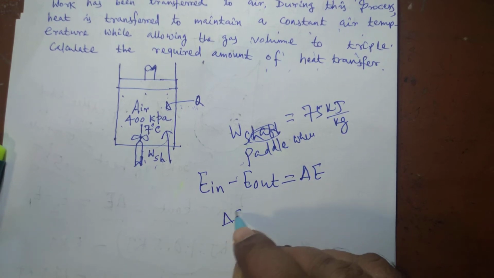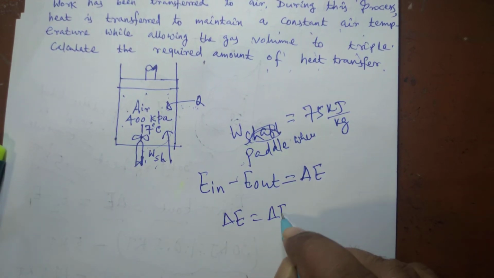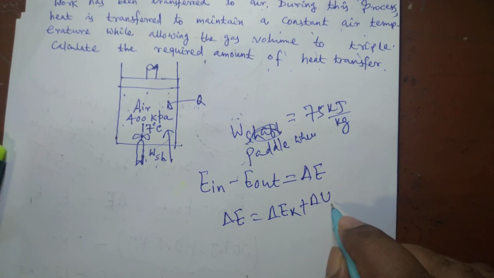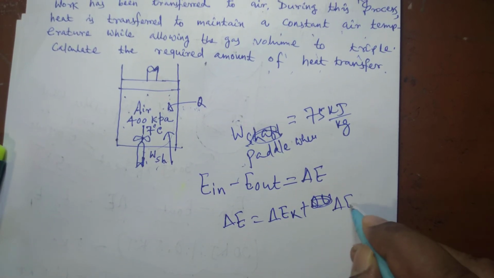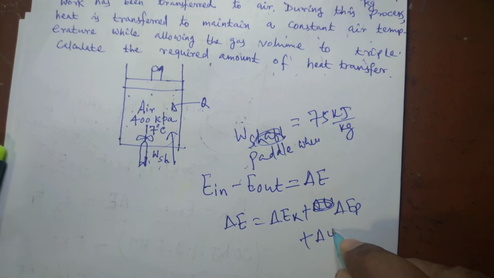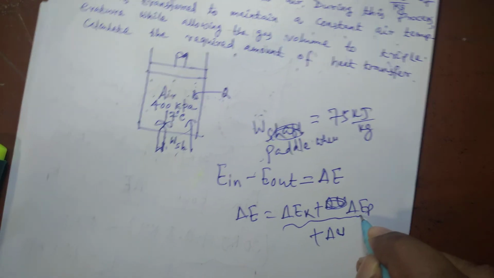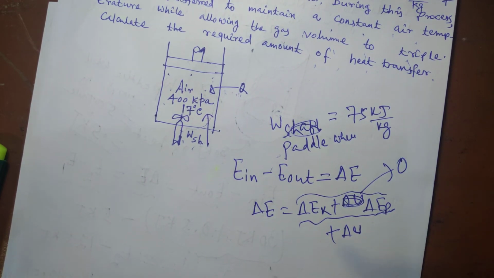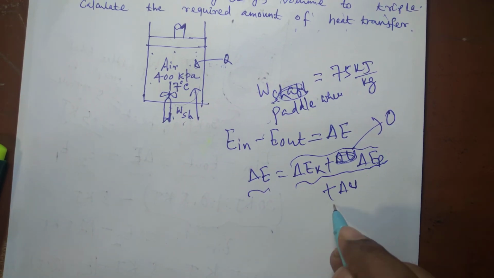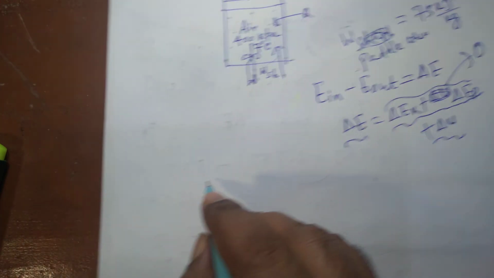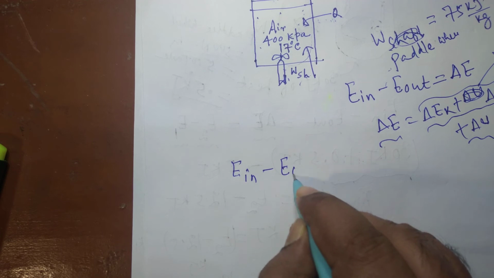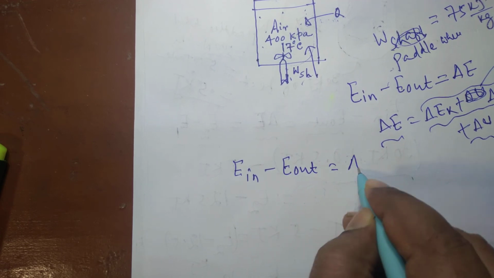Delta E is the summation of delta EK plus delta EP plus delta U. For a stationary system, these two terms are 0. So delta E is same as delta U. So energy balance equation I can write like this: E in minus E out equal to delta U.